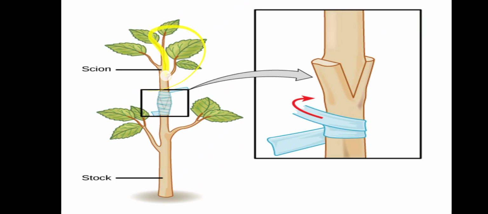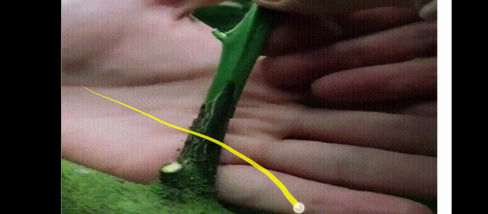So this portion is stuck over here, and it is wrapped and tied around with plastic, as you can see in this method. This is the scion that you see, and this is the stalk. And you can see now it is wrapped around with the help of a tape.